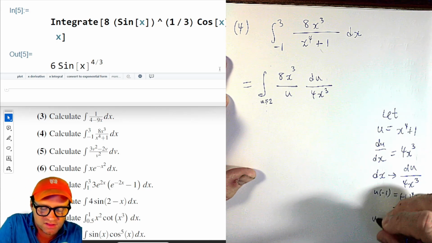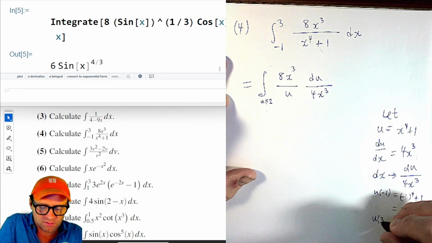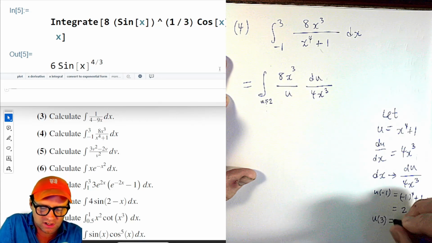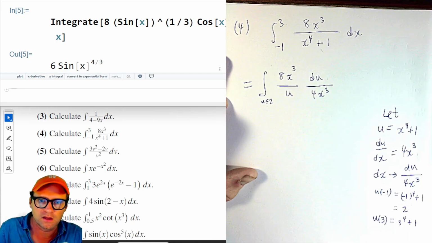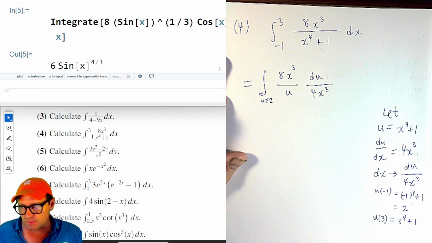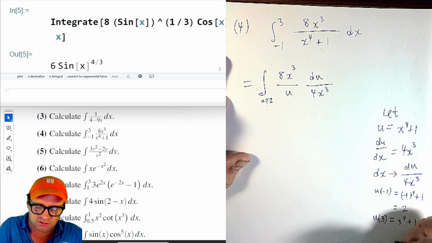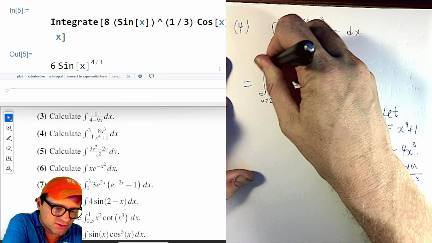All right, let's do the same thing for the top. 3, so u of 3 is 3 to the power of 4 and then plus 1. Okay, so 3 to the power of 4 is 9 to the power of 2. 9 to the power of 2 is 81, so we have 82 here. So let's put 82 at the top.